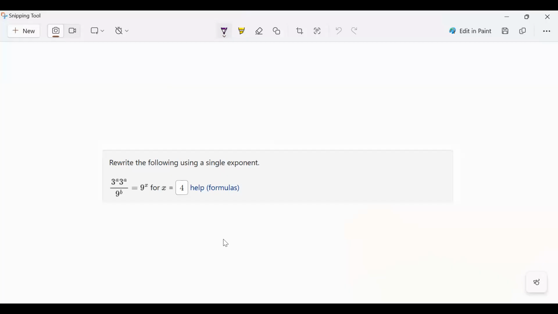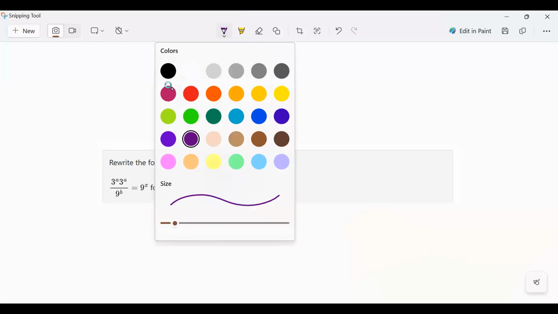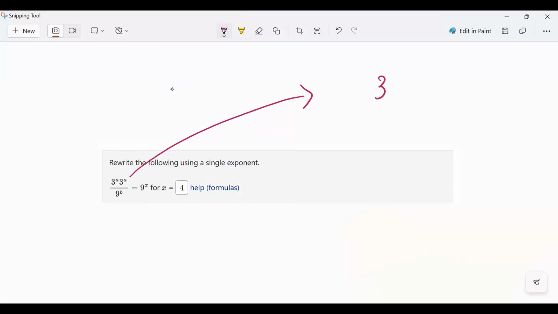So here, 3a times 3a will give us 3 to the 2a, right? This one becomes 3 to the 2a over 9b. And now 3 to the 2a will be 3 squared to the a, and 9b on the bottom.